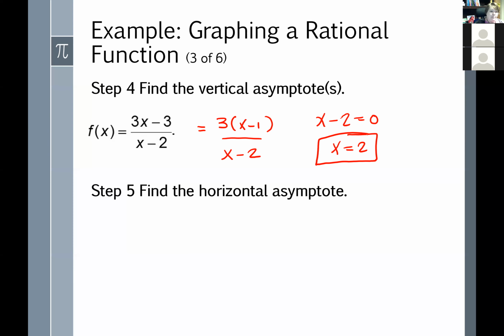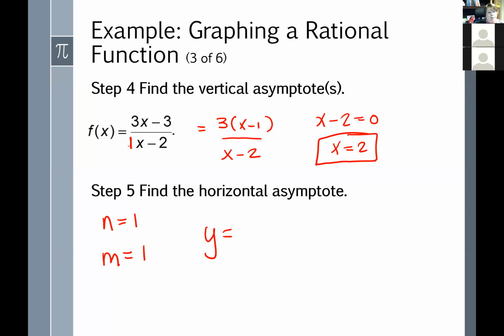Now, horizontal asymptote. The numerator degree is 1, the denominator degree is 1. Both exponents on those x's are 1. So what are your rules for horizontal asymptotes? If the degree is the same, go back and look at the rule. It says that if the degree is the same, then there is a horizontal asymptote that is a ratio of the leading coefficients.